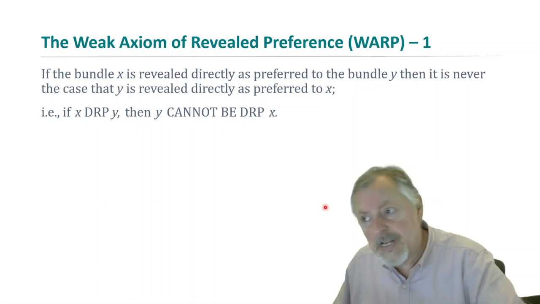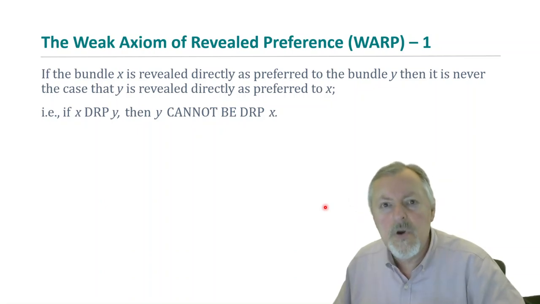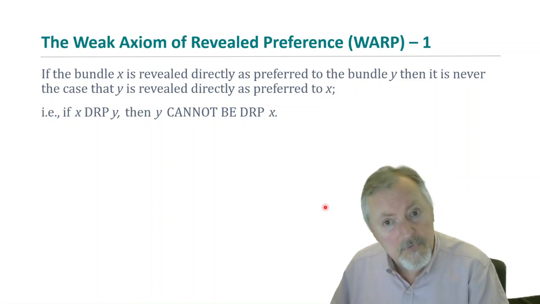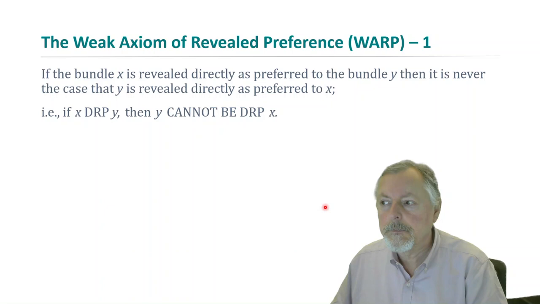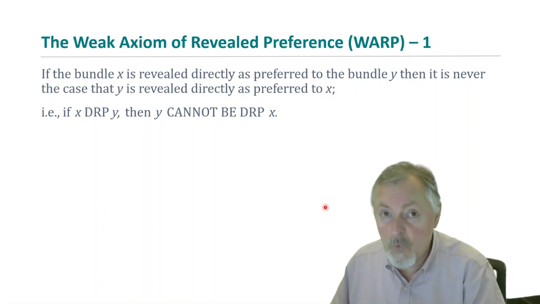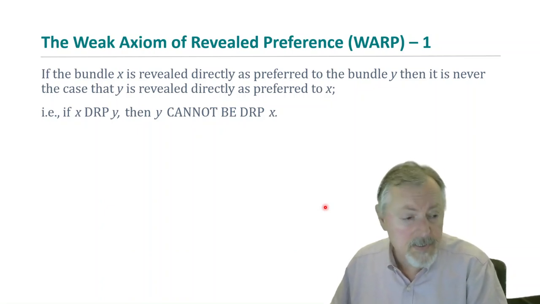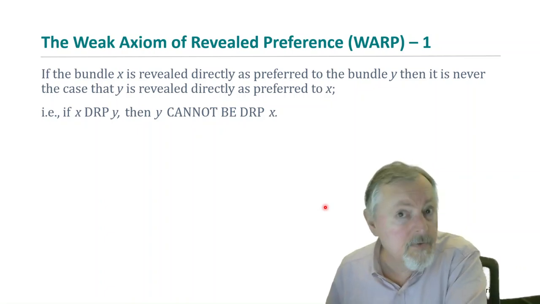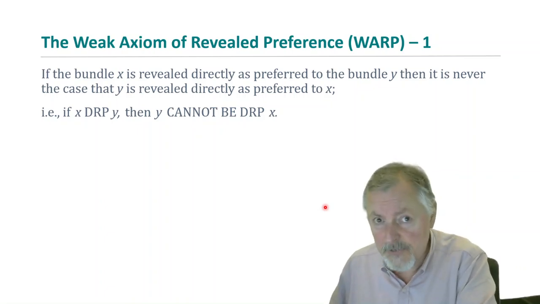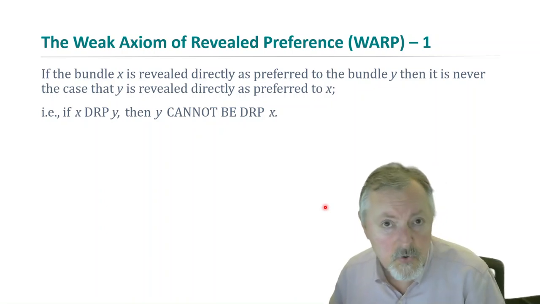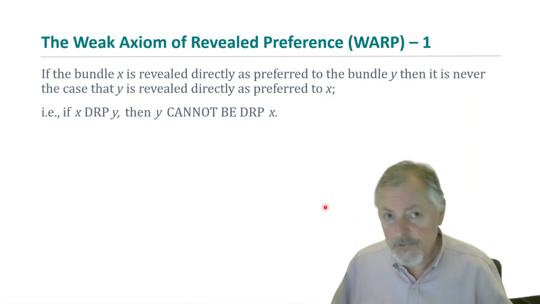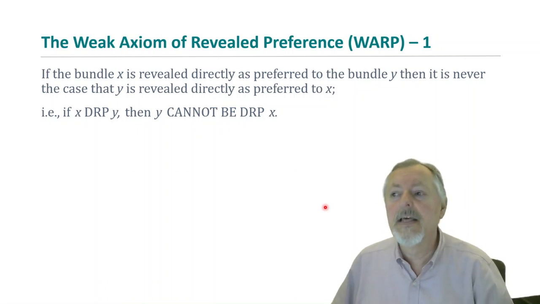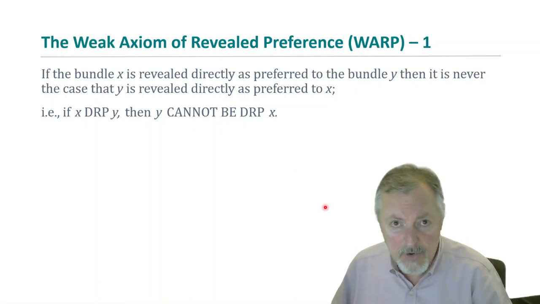Tomorrow you buy an orange instead of an apple. That would not be a violation of WARP or SARP if your preferences changed. Say the second morning, you read something in the paper that said oranges are great for your health, apples not so much. Maybe then you go to the store and buy an orange, whereas the day before you bought an apple. That would be a change in preferences. That's not a violation of the weak axiom of revealed preference.